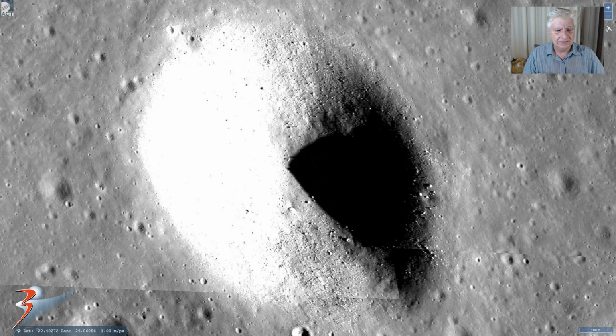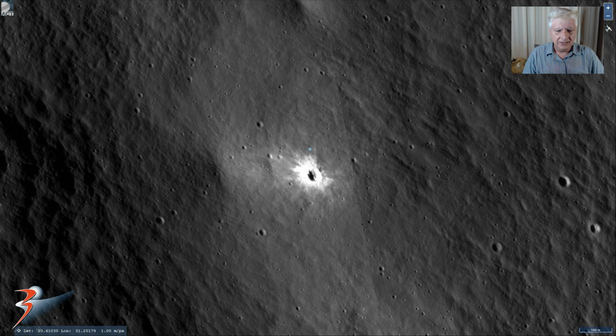Who knows? The next object we're looking at is lying on this white blotch. Also an oval object, casting a shadow underneath it. This one's also about 20 to 25 meters long and about 10 to 15 meters wide.